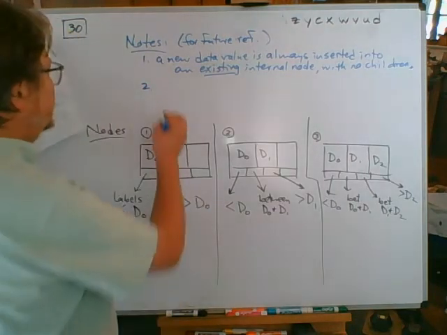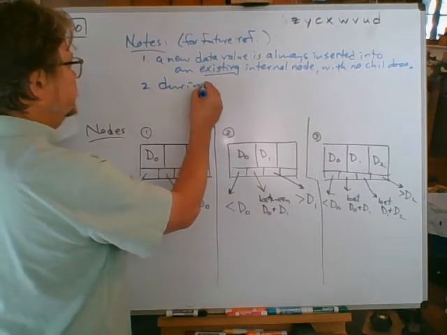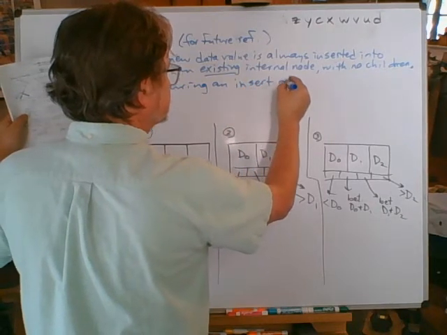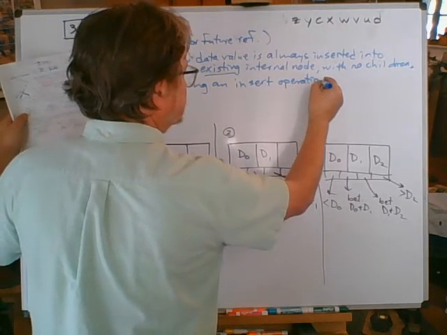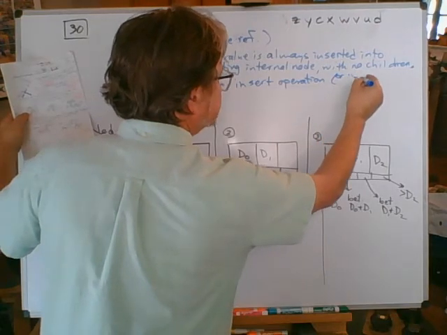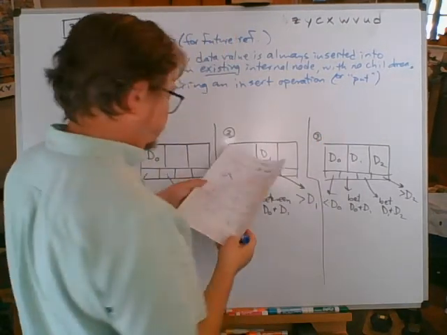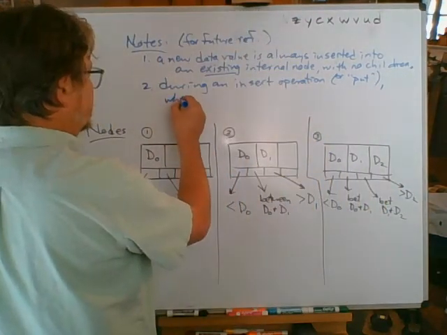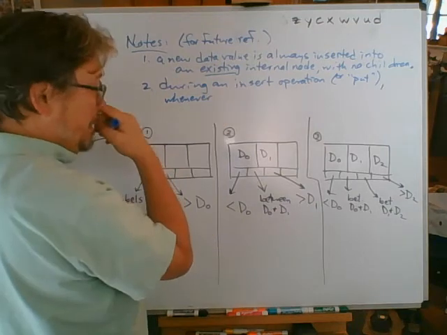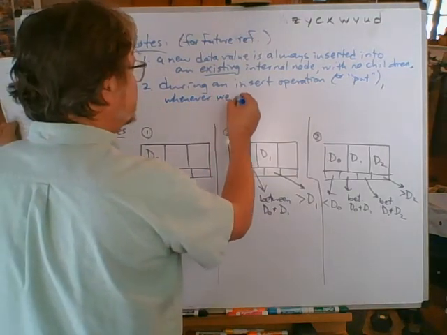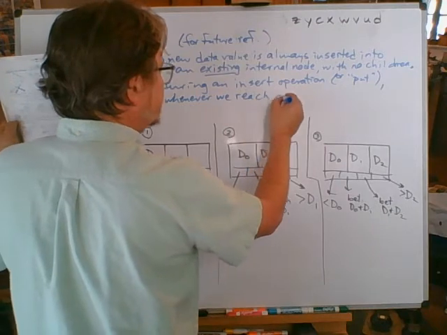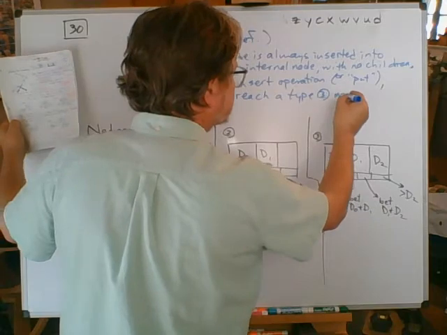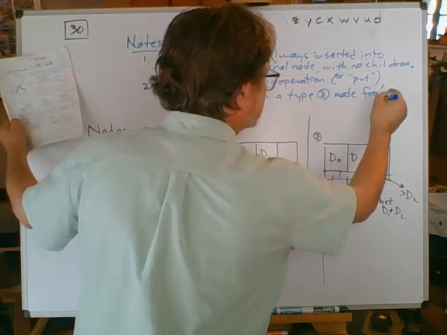2, during an insert operation, or put, same thing. Whenever, this could happen more than once, whenever we reach what I'll call a type 3 node from above, how else would we reach it?